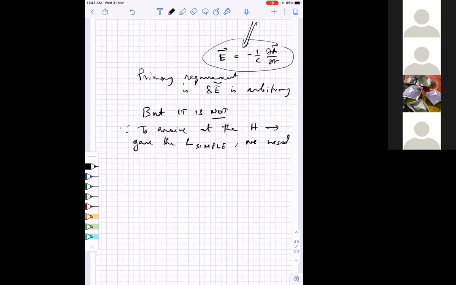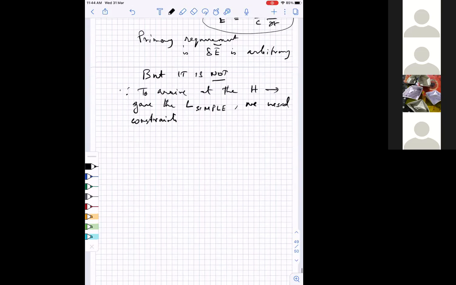We have used the constraint, and although we are not seeing it over here, that thing must remain. So what constraint did we use? We used that del dot E is 4 pi rho.